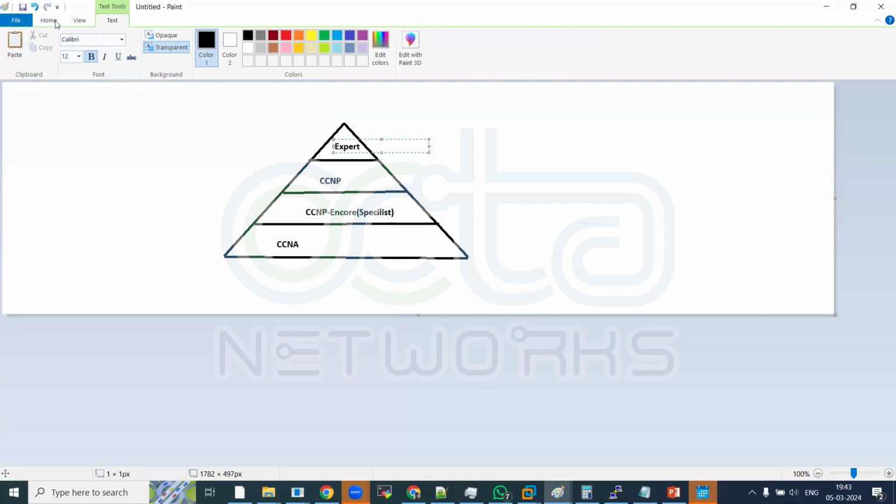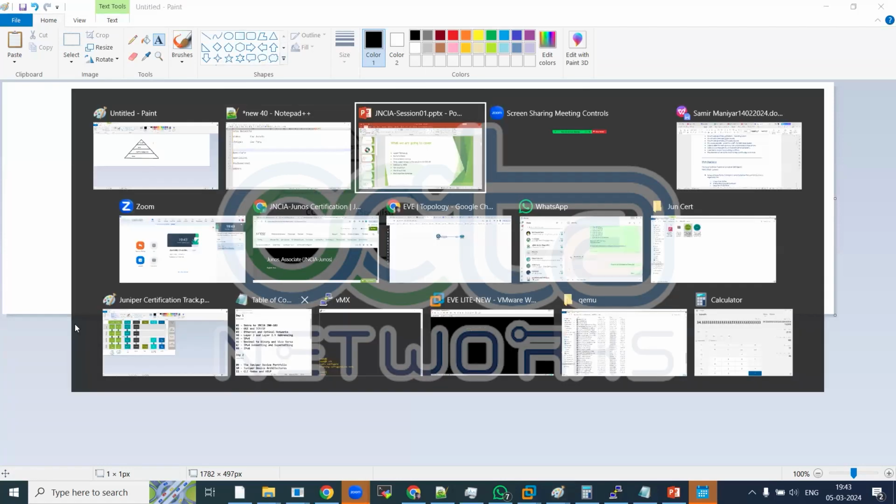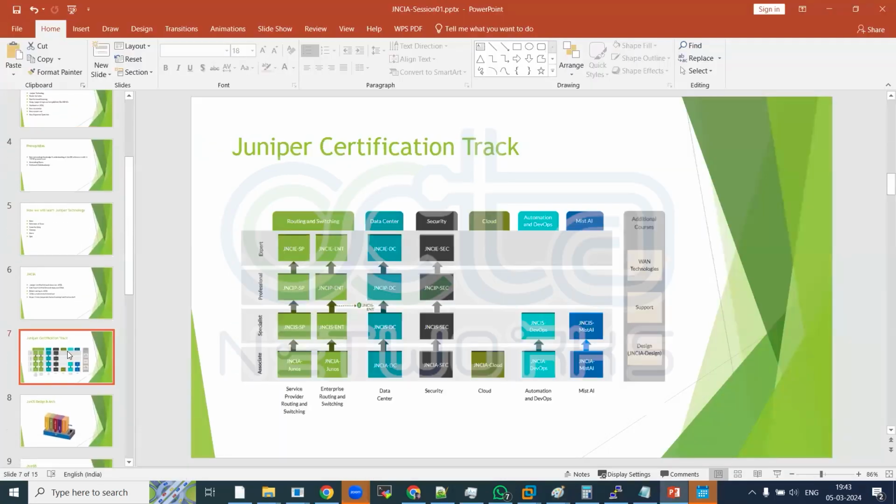The same concept is here in Juniper. I have one slide for this. You can see here: associate, specialist, professional, and expert. When you attempt the first certification, you will be a JNCIA junior. It's up to you; if you want to take the certification, that's okay.